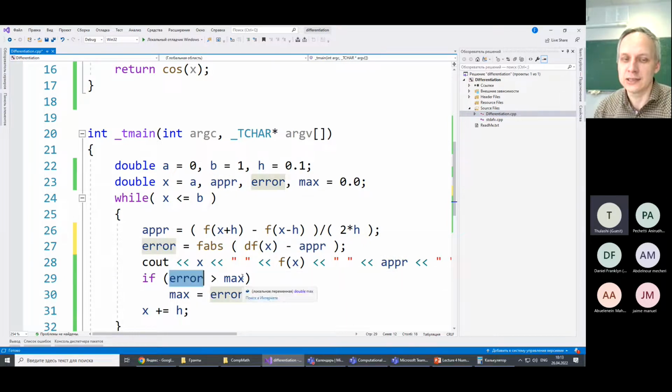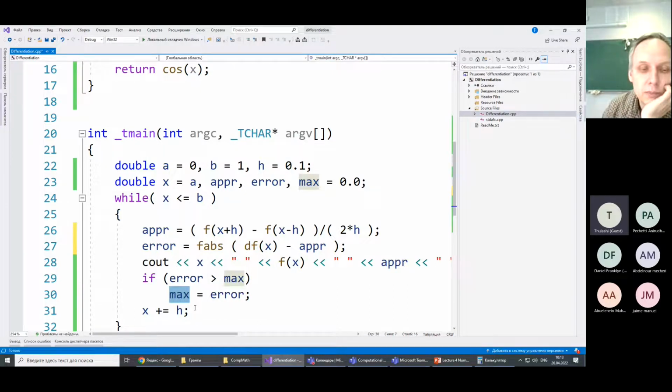If the error is greater than maximum, then reassign the value of maximum, and increase the value of x: x plus equals h.